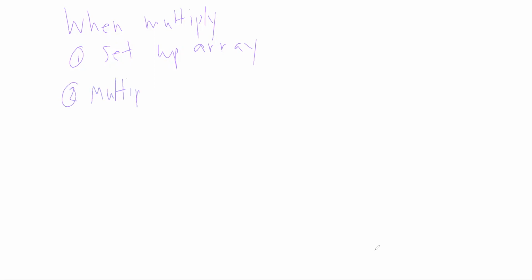Okay, so your takeaways, what you have to know. When multiplying, one thing is you need to set up your array. Then you multiply the rows and columns.